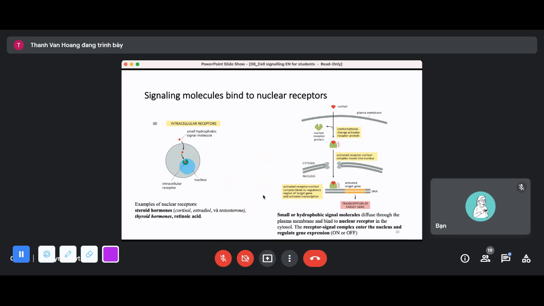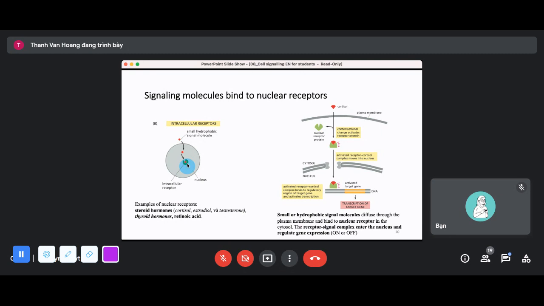So let's talk more in detail about the first case. Here we have a small hydrophobic signal molecule, for example, cortisol. Cortisol is our stress hormone, right? It's a small hydrophobic molecule. It can cross the membrane and interact with its receptor.